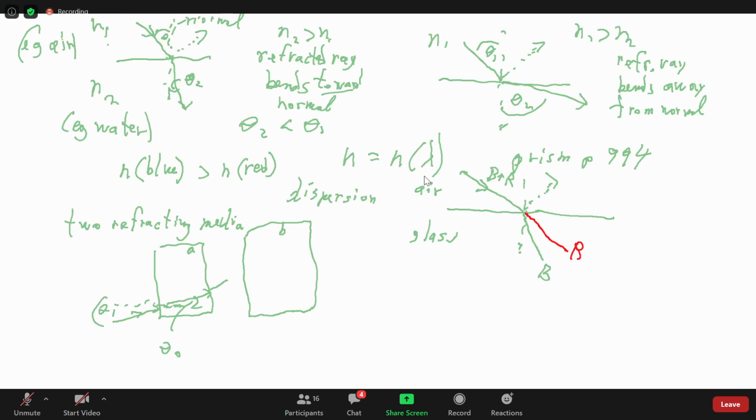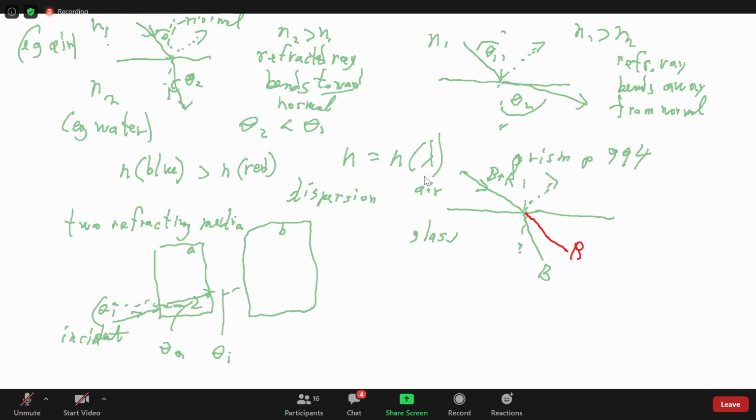Let me make this theta I for incidence. This is the incident angle. The refracted angle is theta A. We go from the rare medium to the dense medium. It gets bent toward the normal, and when we leave the dense medium and go back into the rare medium, we should get the same incident angle, right? I just call that theta I.